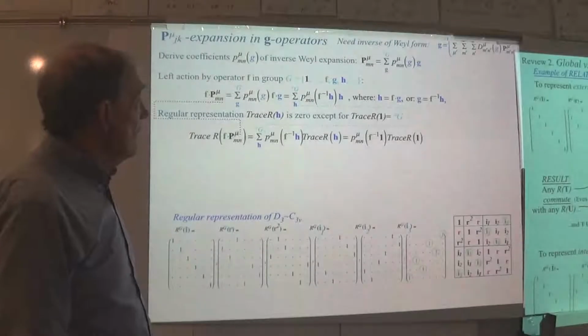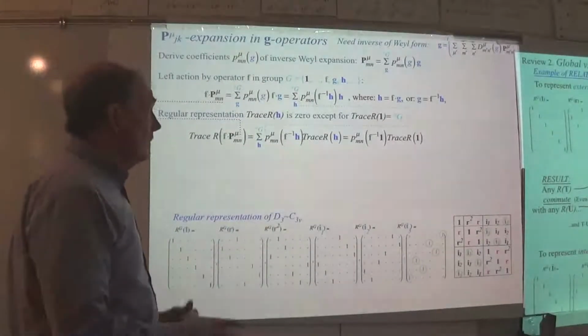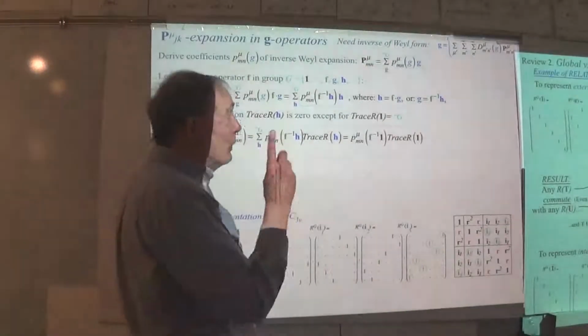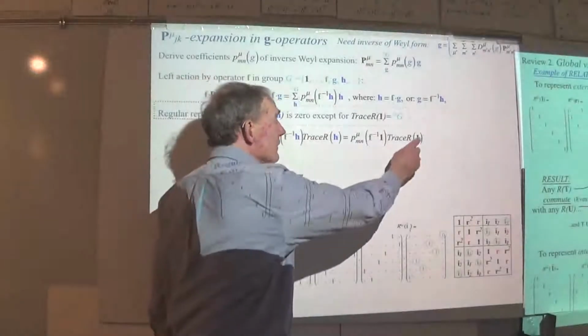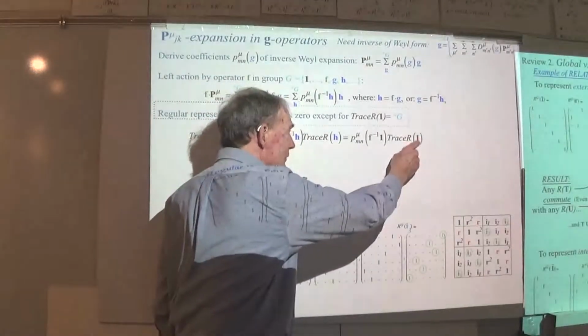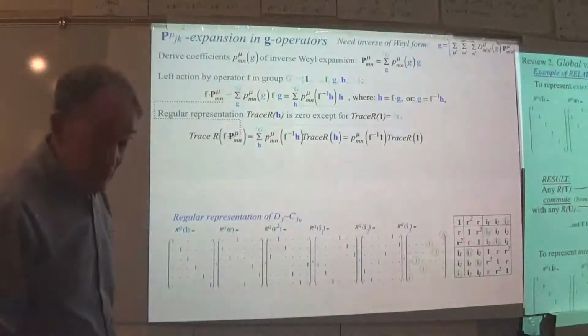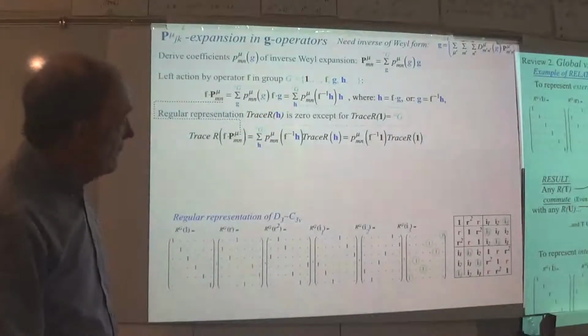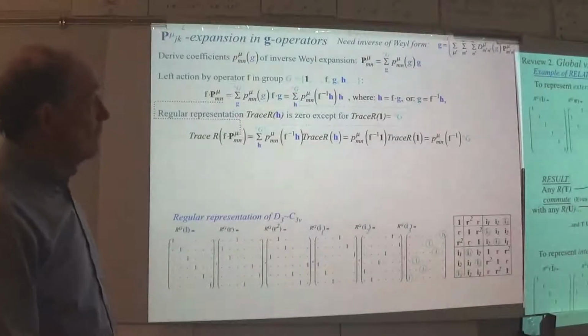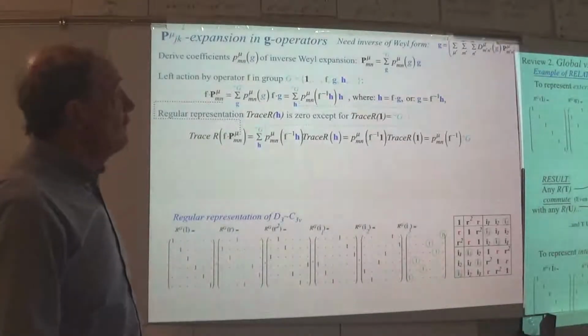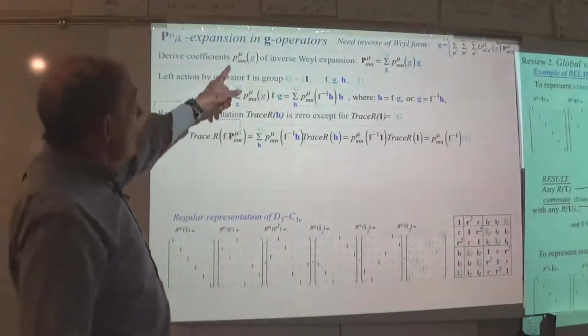That results in not a sum, but just one term. The element that has all of the trace is this one, and it's a number equal to the order. That's kind of neat, because at this point we have a formula, sort of, for the coefficient that we're trying to derive.